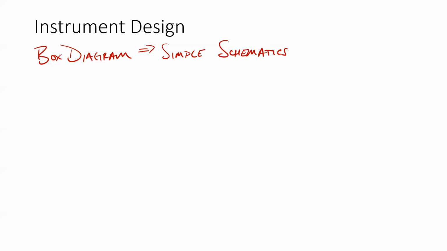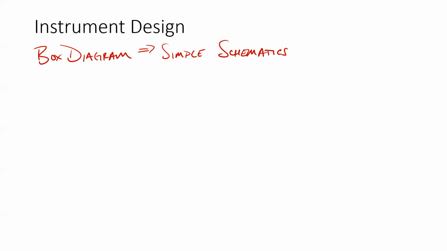So schematics can get super detailed, right? A box diagram takes each component of an instrument and just puts it in a box. We don't need to know anything else about that component other than its name. So it's a very simple schematic. And like I said, these are going to show up on exams.